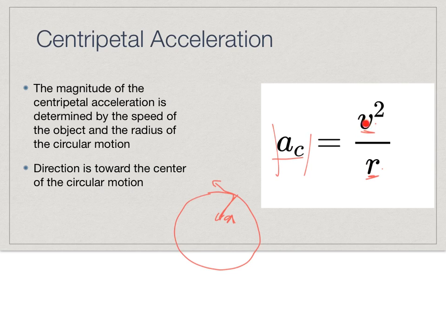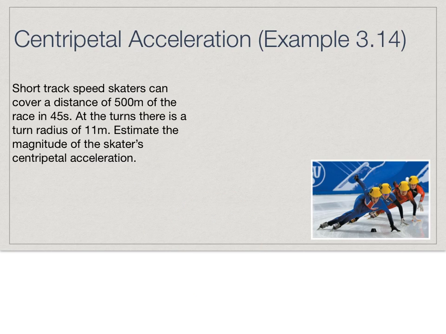Also, if I increase my speed, my centripetal acceleration will increase if I keep the same radius. If I keep the same speed on a smaller radius, like a track, then if the radius decreases, my centripetal acceleration increases. If the radius increases, as with a wider track or bigger circle, then the acceleration will decrease. It's an inverse relationship.